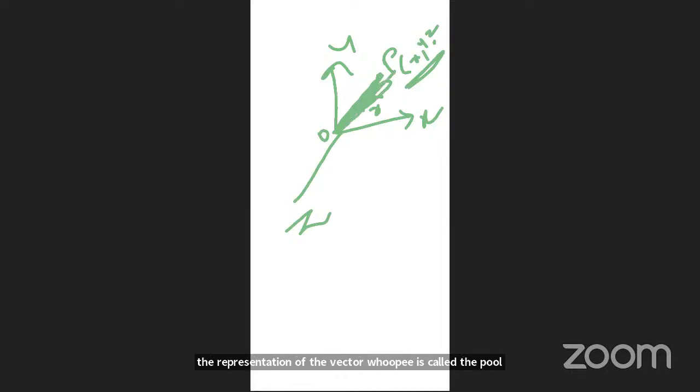This OP line is the position vector, OP is equal to R, the position vector R bar.